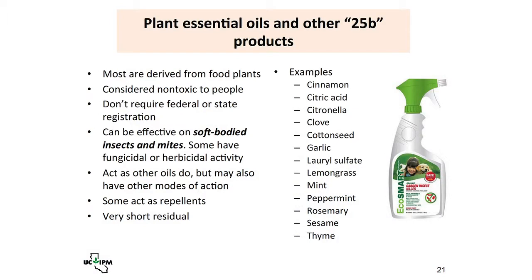They seem to have some temporary efficacy on the soft-bodied insects, some of the same ones that you see with other oils and soaps. But they kill in a little bit different way. They may be having some of the smothering effect of the other oils, but they do also have some anti-feed and repellent activity in them.